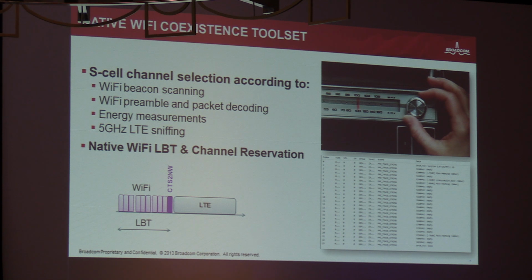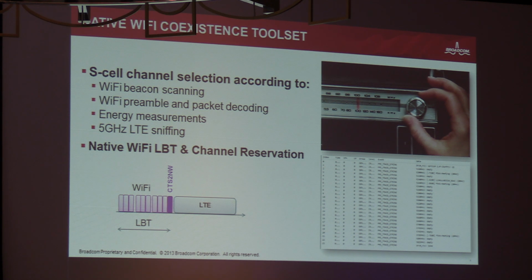We're using the native Wi-Fi coexistence technology for several functions. The first function that is running is secondary cell channel selection. And for that, we are using Wi-Fi beacon scanning, preamble and packet decoding. We're also using the LTE capabilities for energy measurements and LTE sniffing.